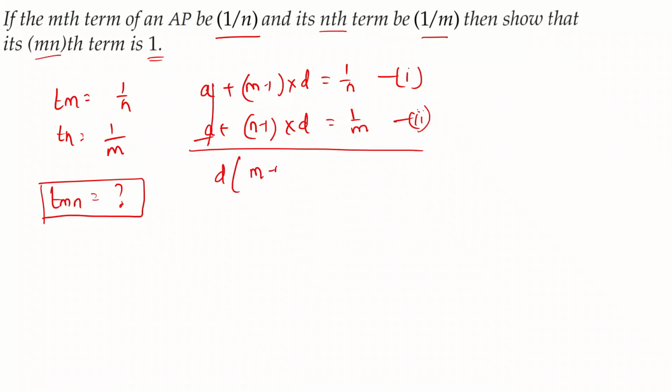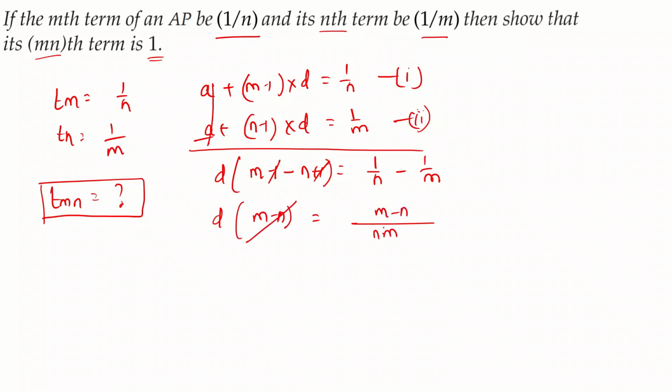We have m minus 1 minus n plus 1 is equal to 1 by n minus 1 by m. Minus 1 plus 1 cancels out. More or less similar calculations as previously. So D times m minus n is equal to, taking nm as the LCM, m minus n by nm. So m minus n cancels out. We get D is equal to 1 by nm. Alright, so we get the value of D.